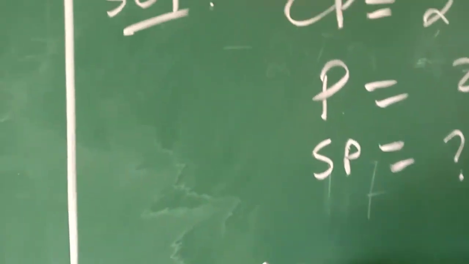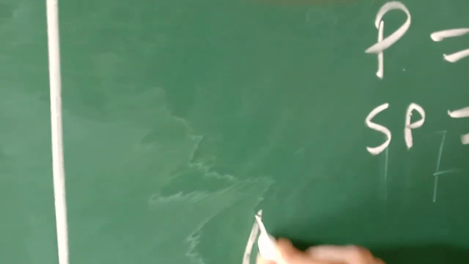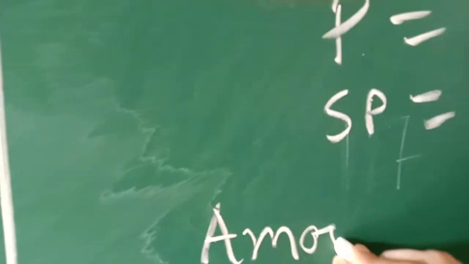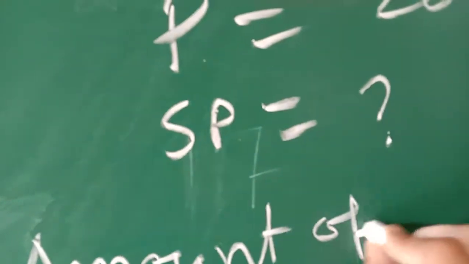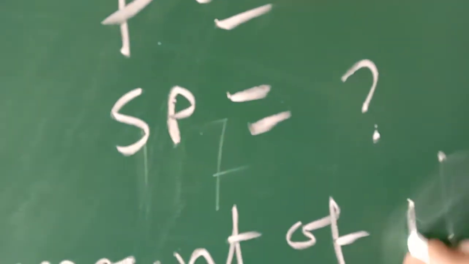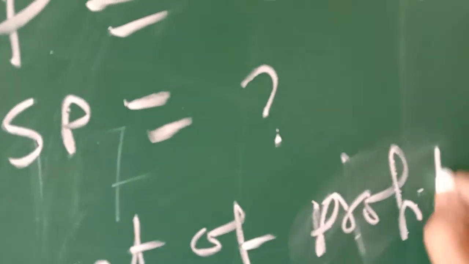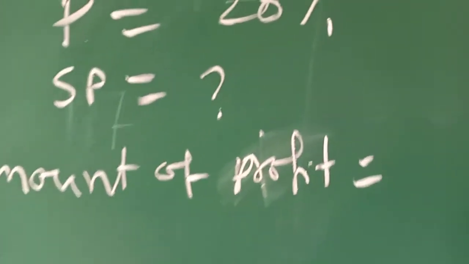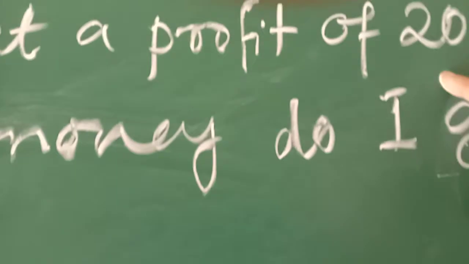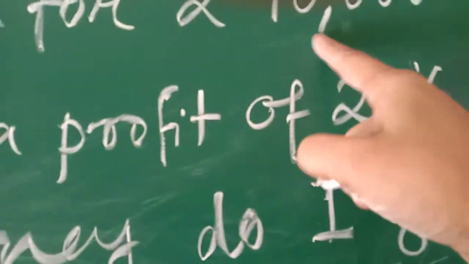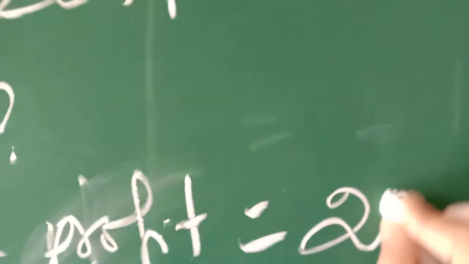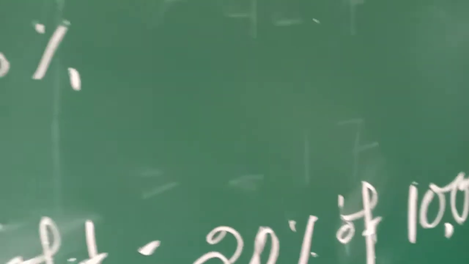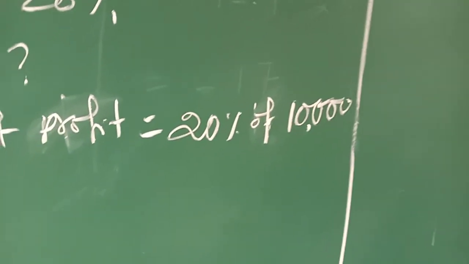What was that extra money? That is the profit. So the amount of profit is equal to 20% of 10,000. That means on this money, 20% extra money will come.